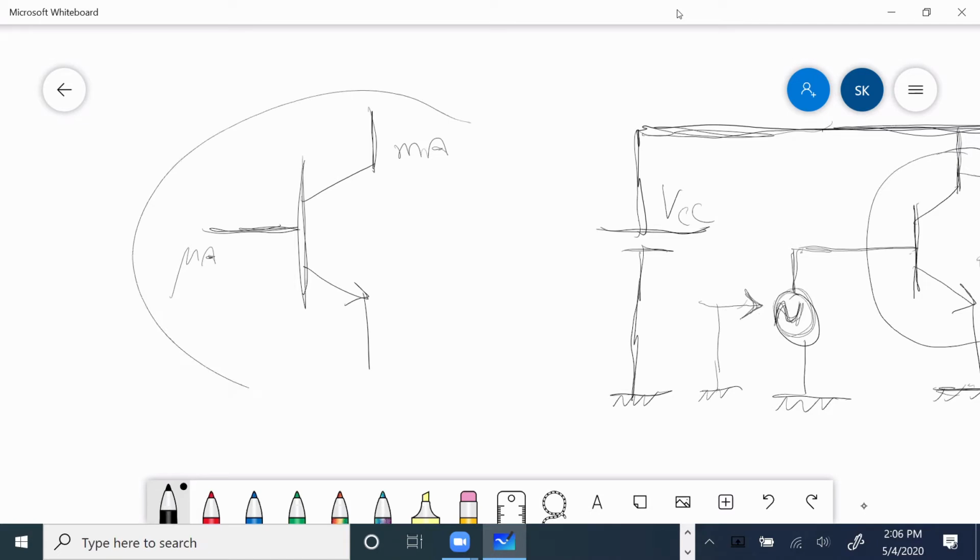A transistor is a device that when we apply small current to the base, we receive a higher current at the collector. And the energy for this amplification of current comes from the DC bias.